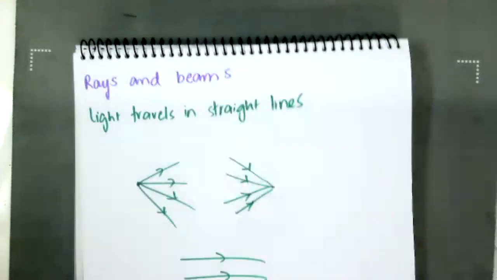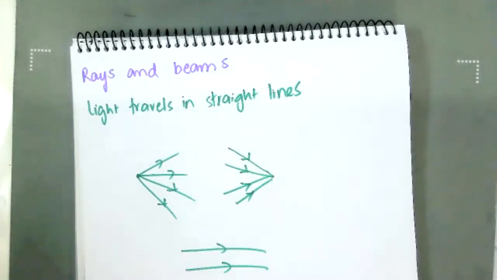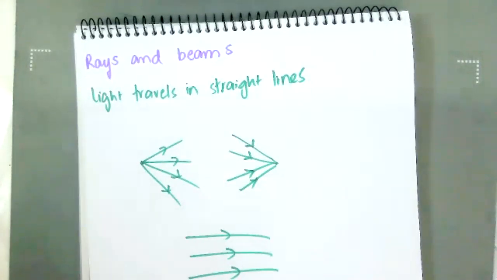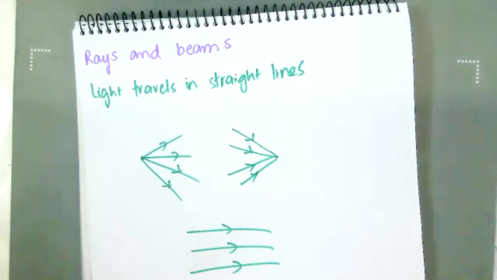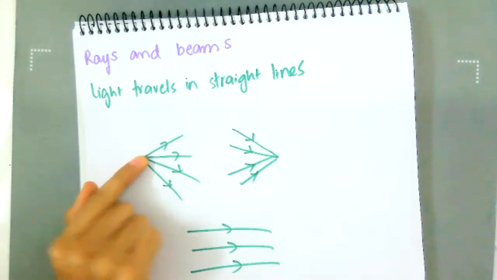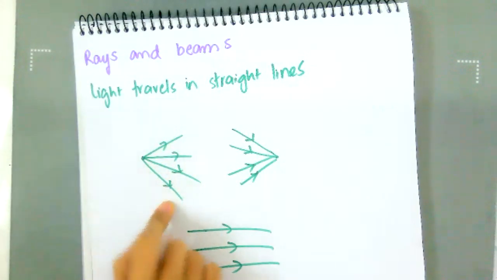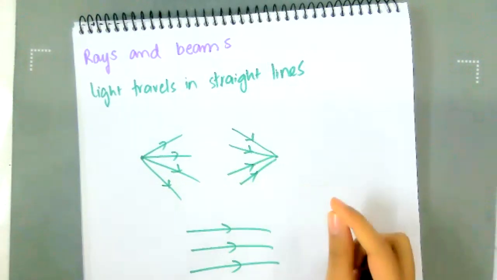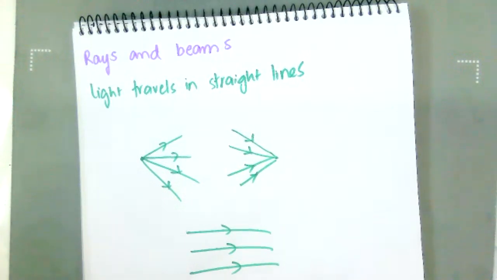So then we can come to rays and beams. Basically light travels in straight lines, and when they travel away from one point, they're called diverging. And when they come to one point, they're called converging. And these are just parallel rays.